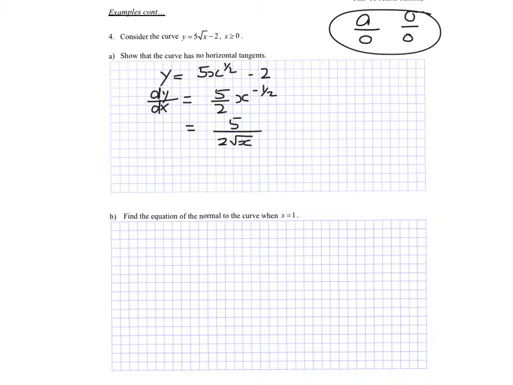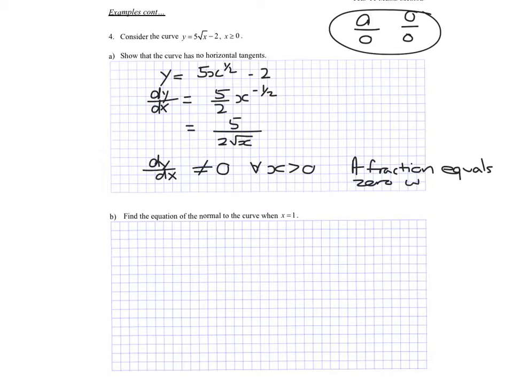Now, dy on dx is not equal to 0 for all x greater than 0. The reason why is that a fraction is only equal to 0 when the number on the top equals 0, right?